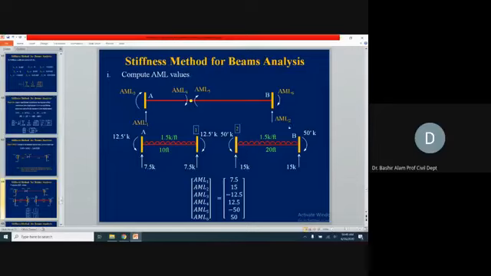AML2 corresponding to this is this 15 value, so we write 15. AML3 corresponding value is in the opposite direction, so minus 12.5. AML4 is in the same direction, so plus 12.5. AML5 is this one, in the opposite direction, so minus 50. And AML6 is 50, so 50.